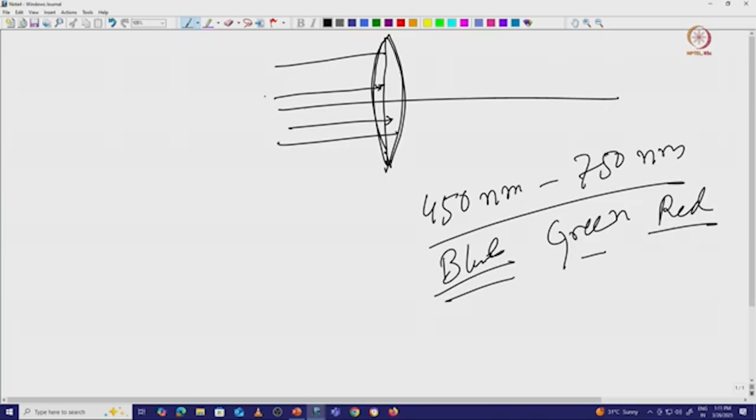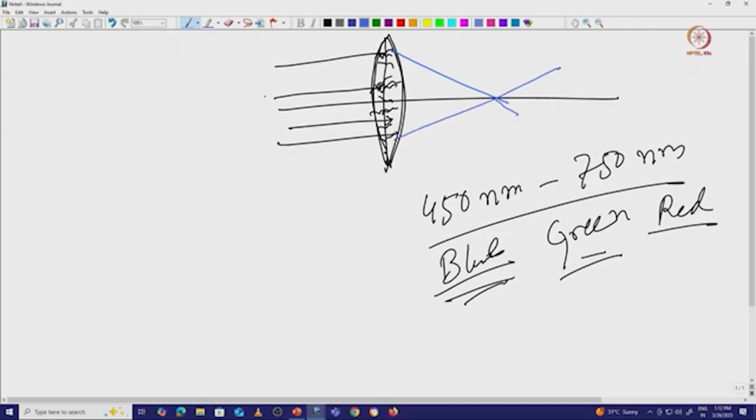When these rays are traveling inside the glass lens, red light has a different wavelength, green light has a different wavelength, blue light has a different wavelength. So those rays will split inside that lens, and when they come out, they will merge at different points.